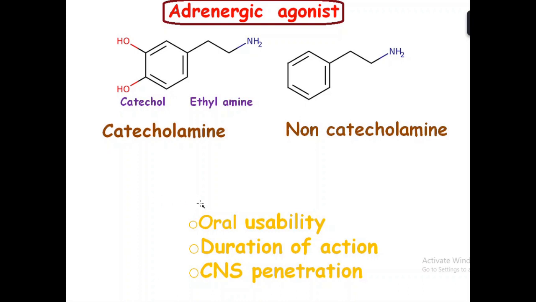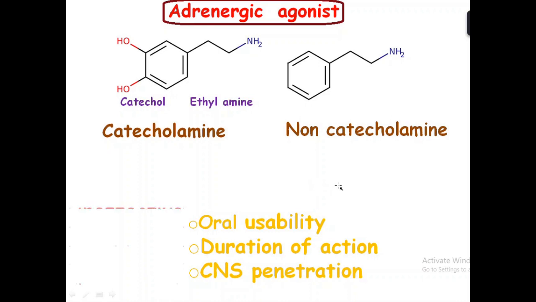Catecholamines are completely ineffective orally as they are quickly metabolized by COMT and MAO. These are the enzymes which metabolize these neurotransmitters in the gut, liver, CNS and even inside the neuron. Hydroxyl groups make the whole molecule polar, which results in poor penetration into the CNS.